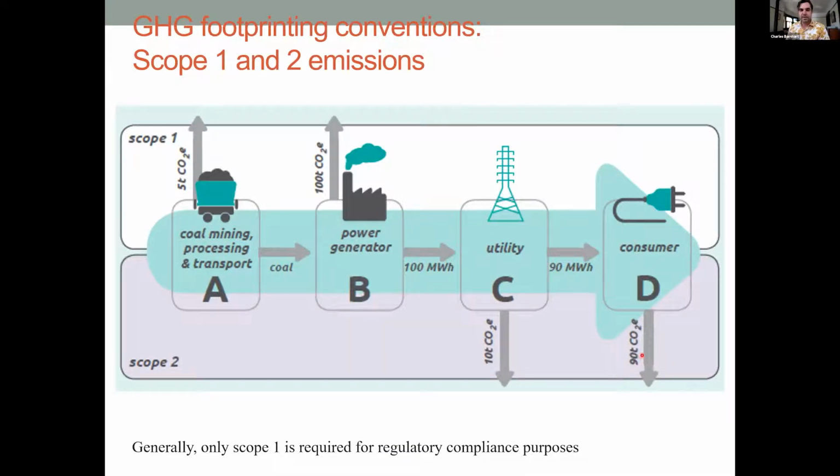They emitted 90 tons of CO2, but it's all Scope 2 emissions associated with the electricity that they were consuming. So this would all be Scope 2 emissions for the consumer, but from the perspective of the power plant, these wouldn't be Scope 2 emissions because it's not from the electricity required to run the power plant. These would be Scope 1 emissions because it's coming out of the smokestack of that power plant. And so it'd be a Scope 1 emission for a power plant, but a Scope 2 emission for the consumer.